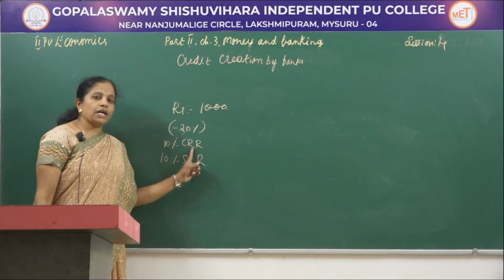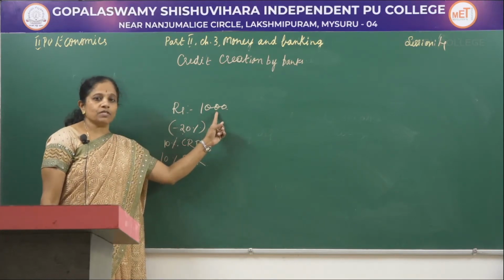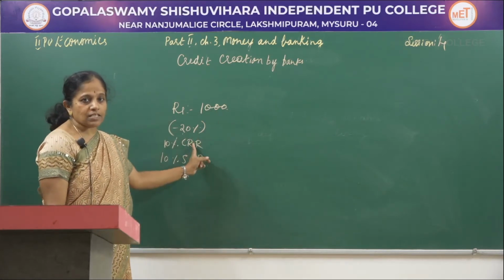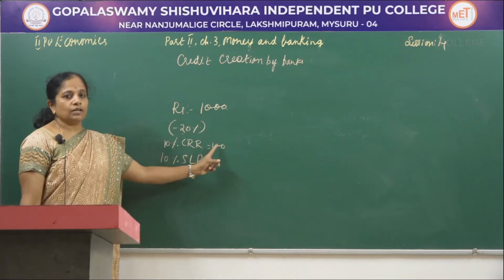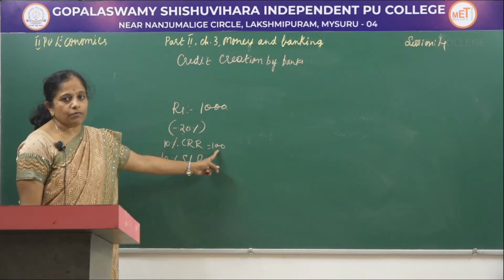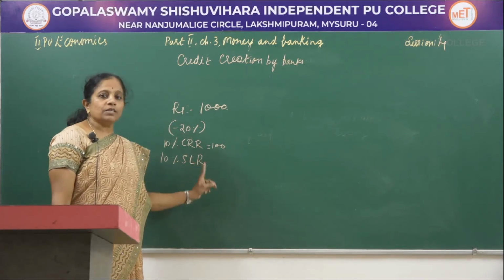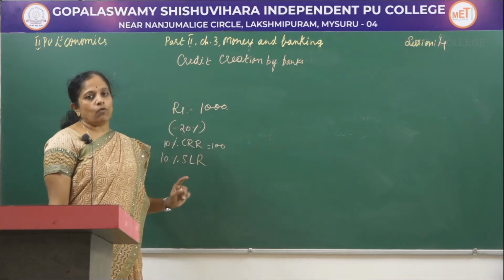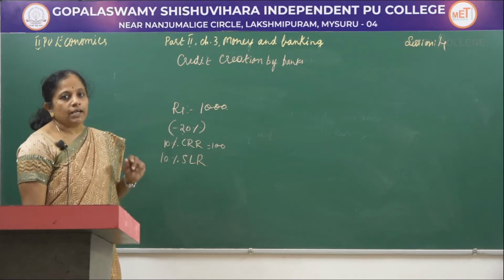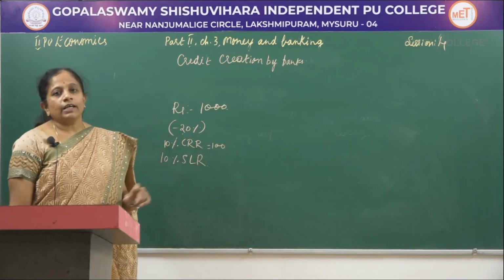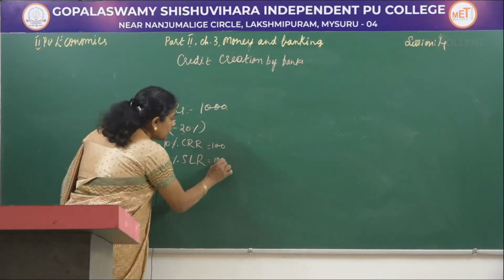So, 10%, that is 100 rupees, is kept in the Reserve Bank of India as CRR, and 10% is kept in that particular bank only in its vault, either in the form of government securities or in the form of cash or gold. So, this is again 100 rupees.